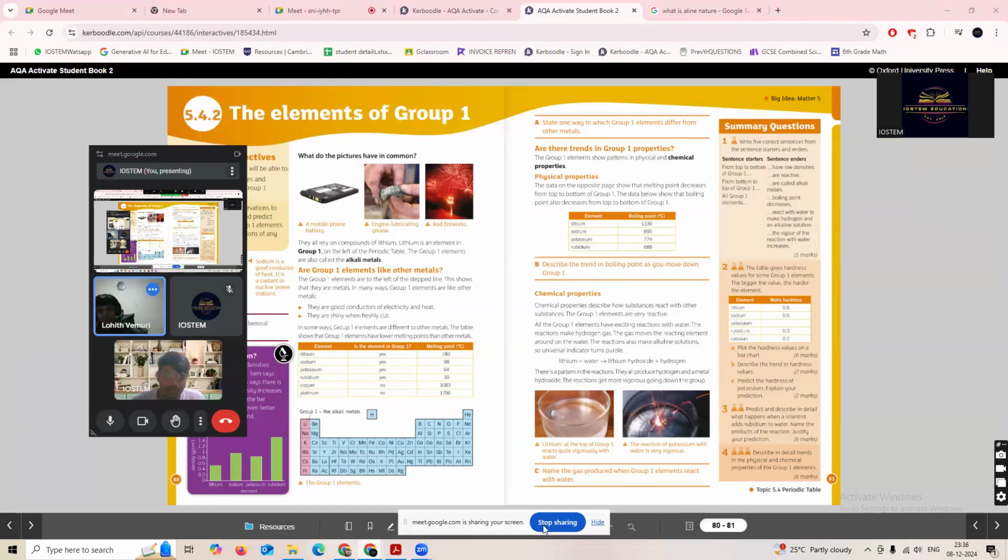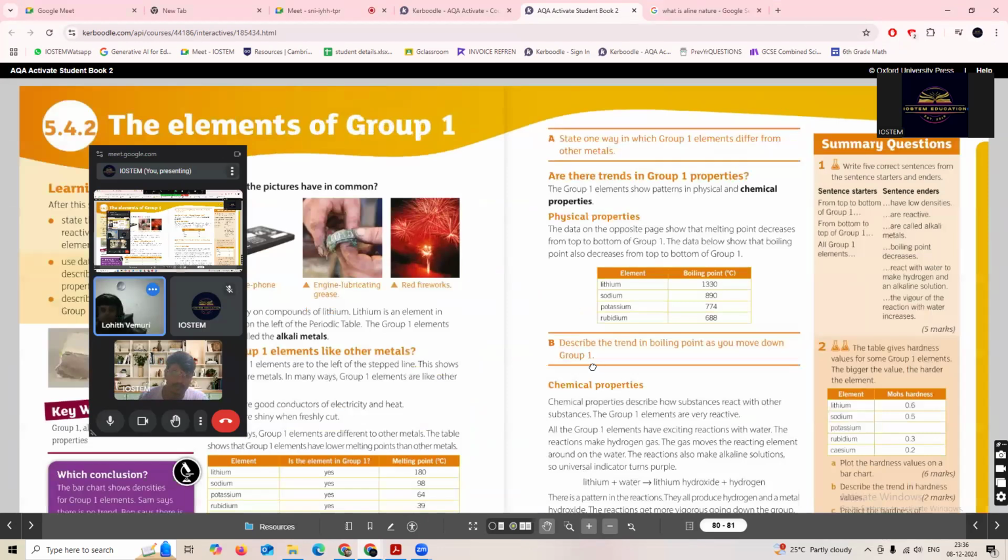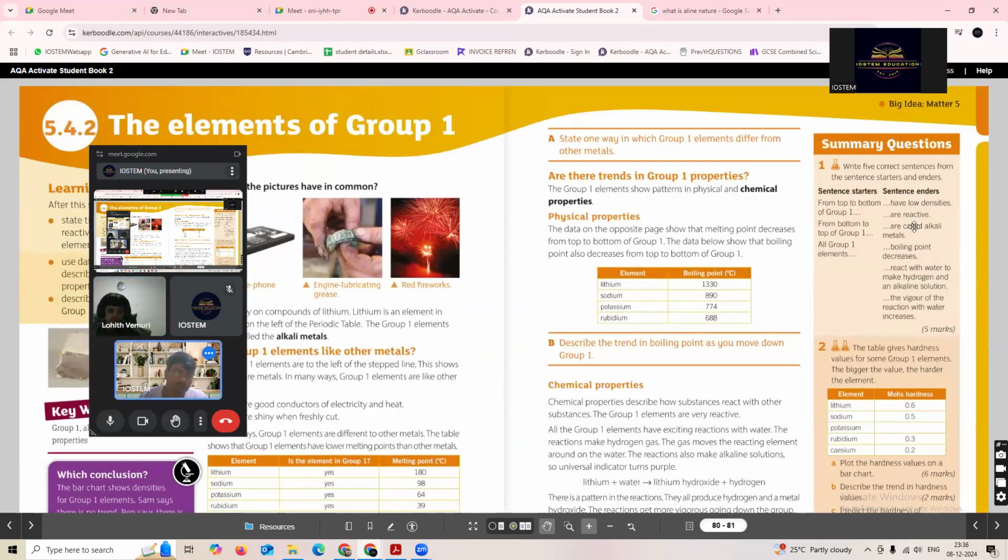If you can see. Yes. So question number 1: complete the sentences by connecting the sentence starters and enders.